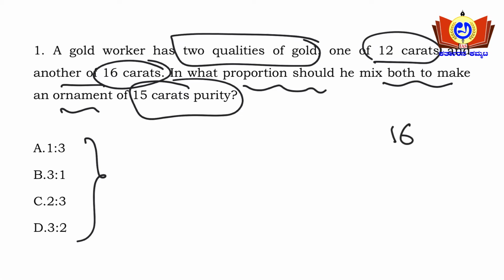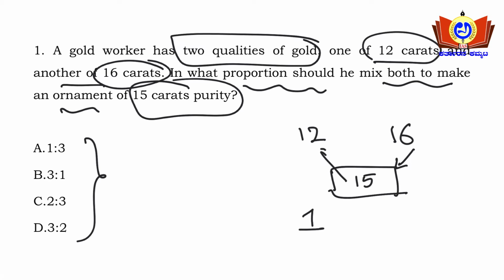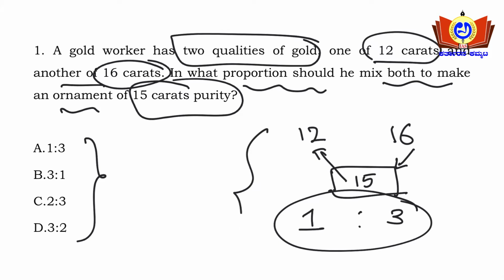So 16 I am writing on the right hand side, and the lesser quantity on the left hand side. 15 carats is the mean average. So 16 minus 15 becomes 1, and 15 minus 12 becomes 3. So 1:3 is the ratio he needs to mix to obtain an ornament of 15 carats purity. Simple question guys, but you need to understand how the concept works.